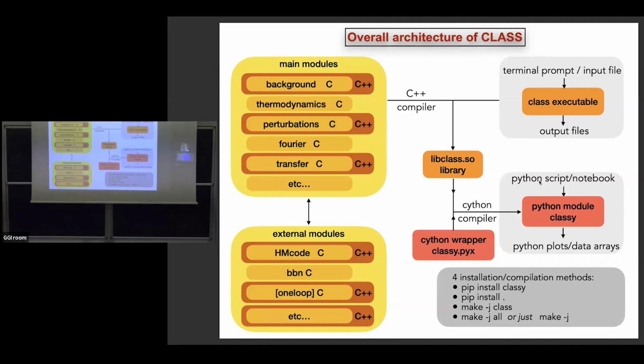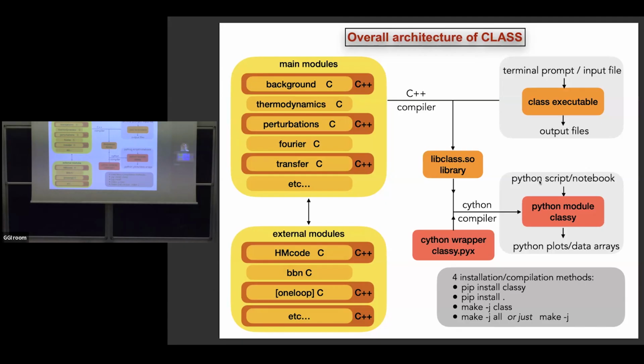And it turns out that we realized that we didn't write this dependency in a robust way. So maybe some of you who have not installed NumPy, SciPy, Cython before will get a complaint. But not all of you. For some of you, it will work. It's platform dependent. So if you get a complaint, you should first install these three modules, and then pip install classy again, and it should work. And we know how to fix this. It's a very small fix, and we will do it as soon as possible.